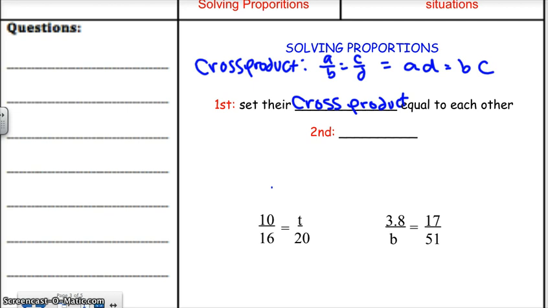And then the last thing you're going to do is solve. So the first thing you're going to do is set the cross product equal to each other, and then you're going to solve.